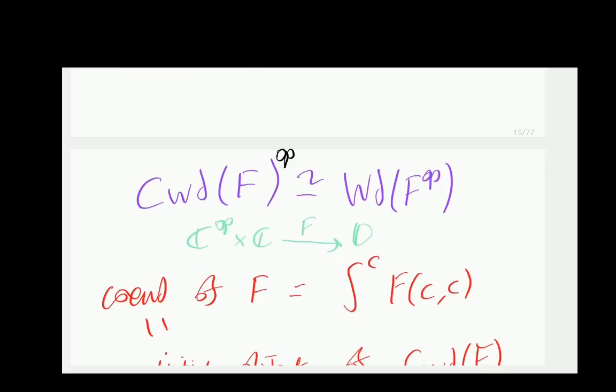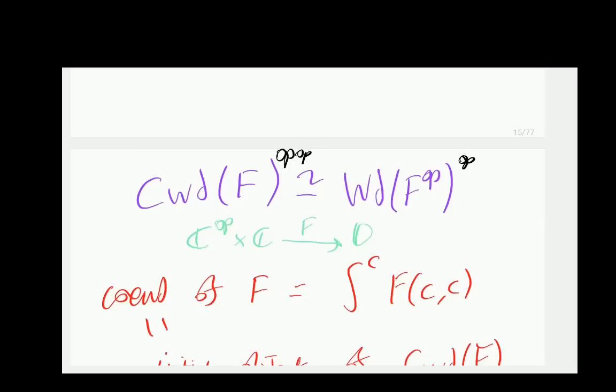It says that if we take a bifunctor F, and take the category of co-wedges of F, and then take the opposite of that, that's going to be the same thing as the category of wedges of the opposite of the functor F.